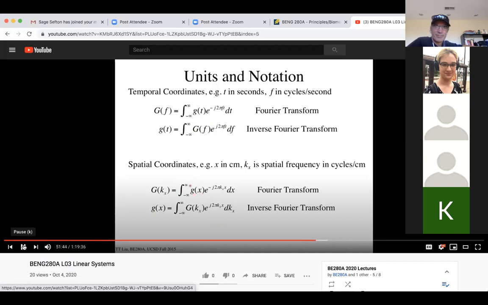I take the Fourier transform of that, and I get its frequency components, the spectral components of that spatial signal. These are usually written k sub x if it's in the x direction, and k is called the spatial frequency, which is in cycles per meter or cycles per centimeter. It's a frequency as a function of position, or a rate of oscillation of the intensity as a function of position. Okay.